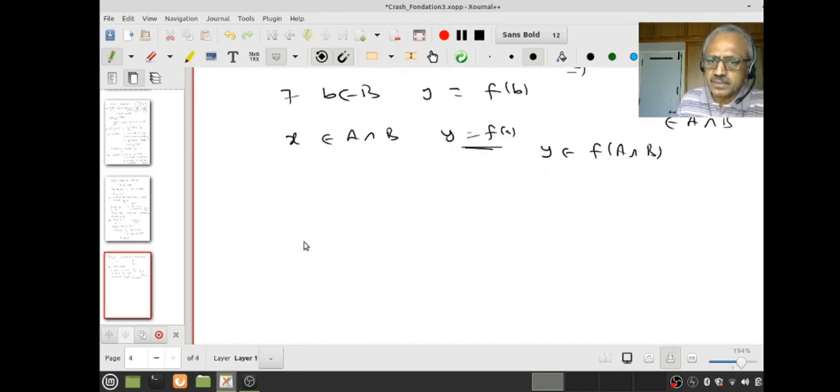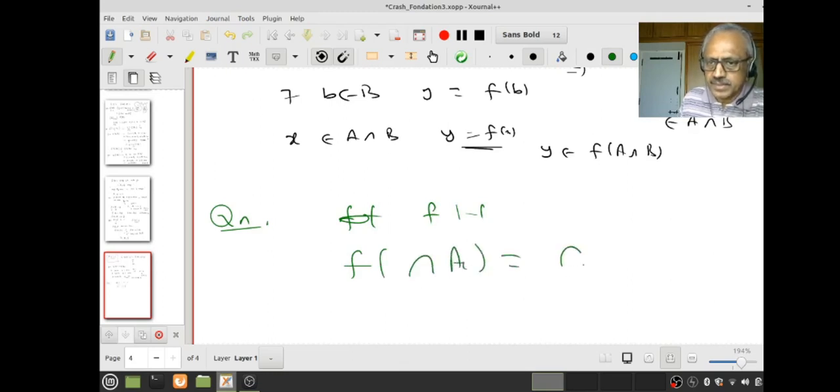This is just to make sure that you understand this kind of question, this kind of proof. Suppose I have, is it true if f is 1-1? F of the intersection of A i is the same as the intersection of f of A i.